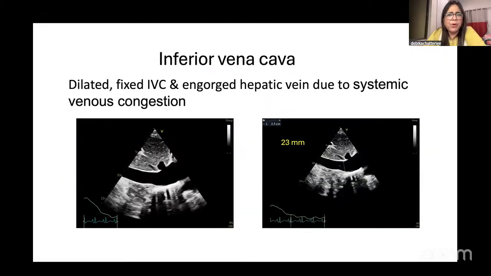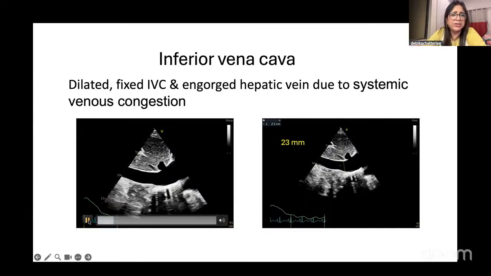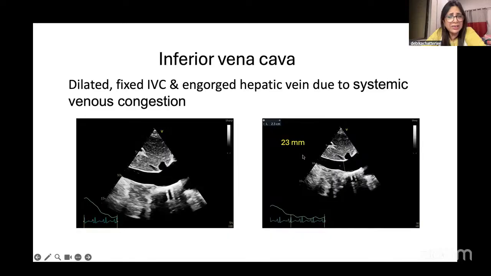A very, very important finding is the dilated, fixed IVC and the engorged hepatic vein in constrictive pericarditis, because of systemic venous congestion. This is the hepatic vein which is joining the IVC, and we measure it. We find it 23 millimeters, which is dilated.